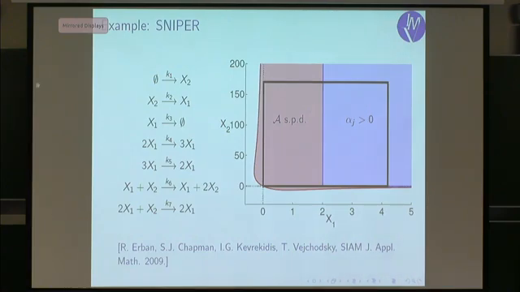Or we can be on the safe side. We can define the domain like this, in the blue region where all propensity functions are positive, but then we are missing some part of the state space, which again might be a problem.